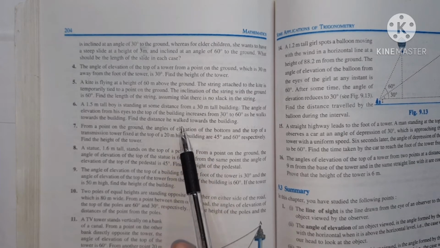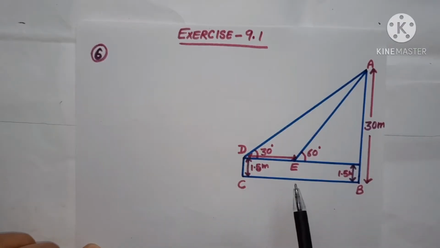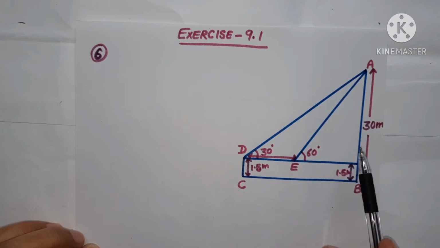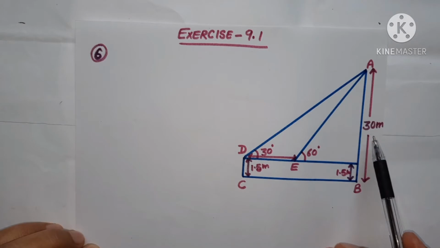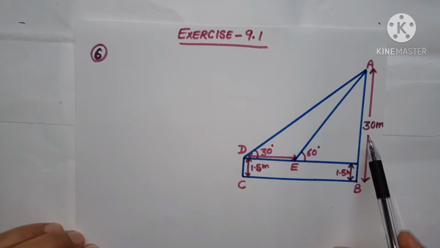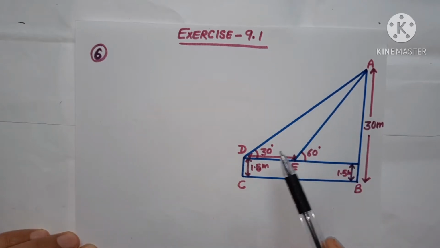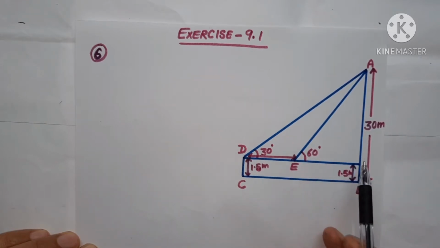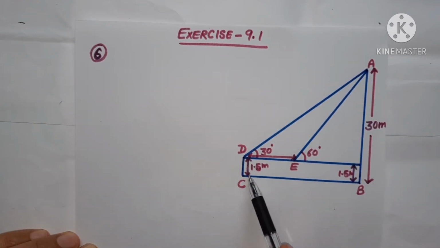So we will make a diagram according to the question. So according to the question, this diagram I have made. So in this diagram, AB is the building. Height of the building is given 30 meter and given angles are 30 degree and 60 degree as the boy moves towards the building, and height of the boy is 1.5 meter.